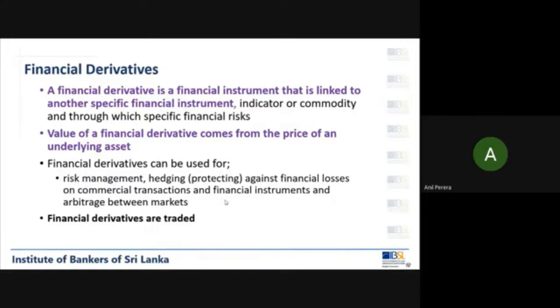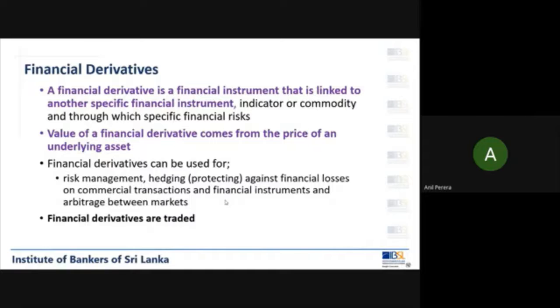Why do people enter into these contracts? Then you have some assurance on the price or the value. So for risk management purposes, people enter into these derivatives, which means it's a kind of hedging, a protection against financial losses that could arise due to price variations. And also people might do some arbitrage using derivatives.